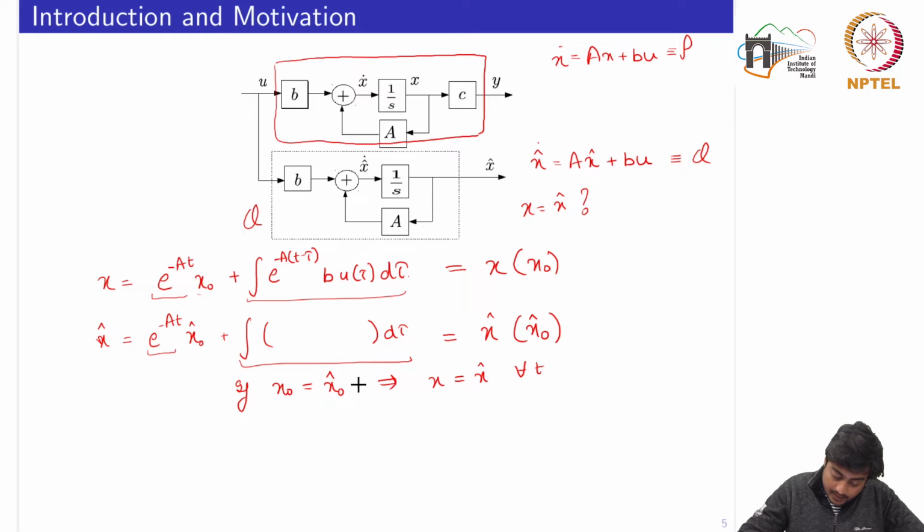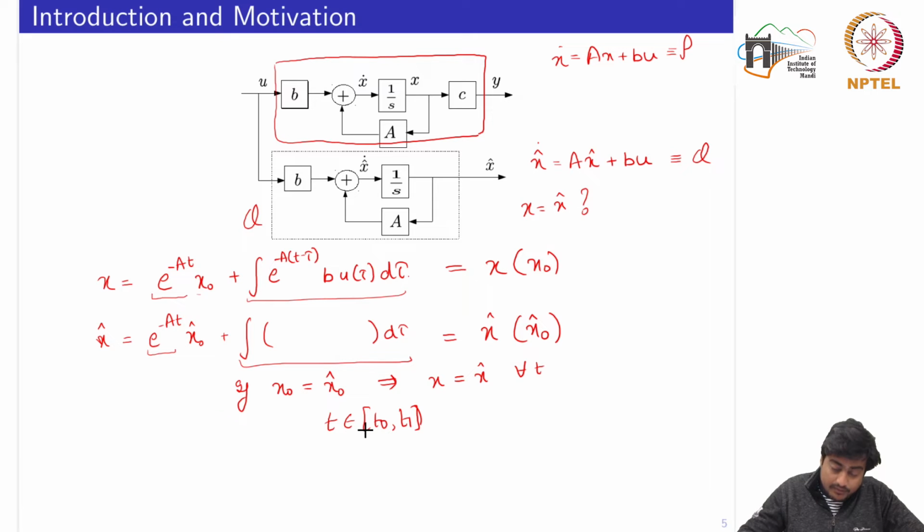Now if I use the Gramian based reconstruction of this x naught, which I can do if my data is given from t naught to t1, and I want a continuous estimate of the state, then every time I have to compute this x hat naught by taking the data from t0 to t1.